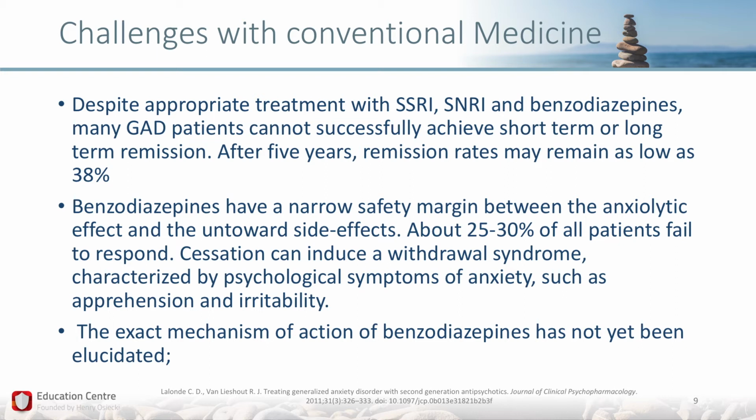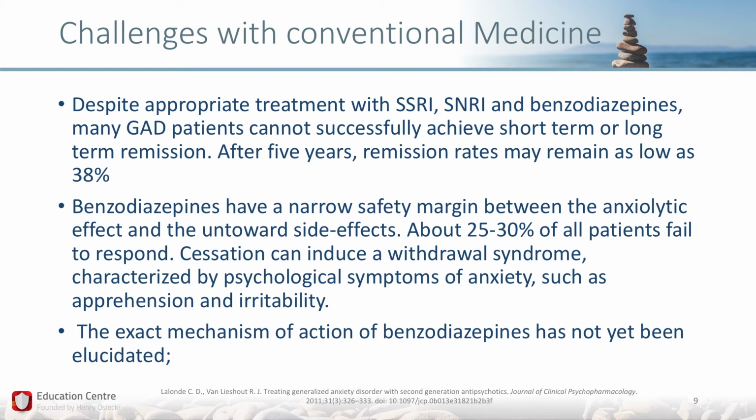Benzodiazepines have a very narrow safety margin between becoming an anxiolytic with a positive effect and having all its side effects. It's a very narrow window, which is why they removed it from first-line therapy, created another first-line therapy, and reduced the benzos to second line.